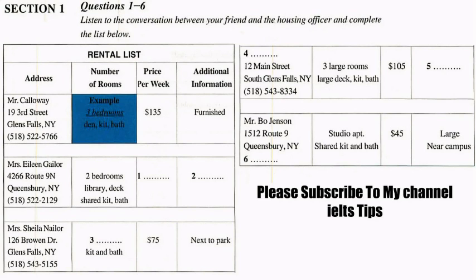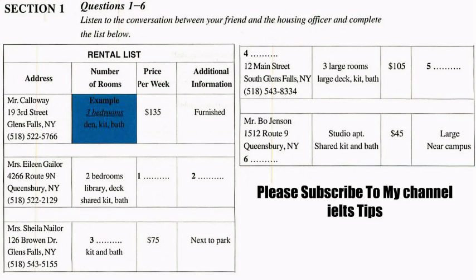It looks like it's big with a library and a deck, but it doesn't say how much it costs or anything else about it. Oh yes, Mrs. Gaylor's apartment. That one is actually only a 10-month rental, and it is going for $156 per week. It's quite a nice place. She only rents for 10 months each year because of horse racing season. Then her relatives all come to stay, so tenants have to move out. It's a little bit inconvenient, but past tenants have really enjoyed their stay there.